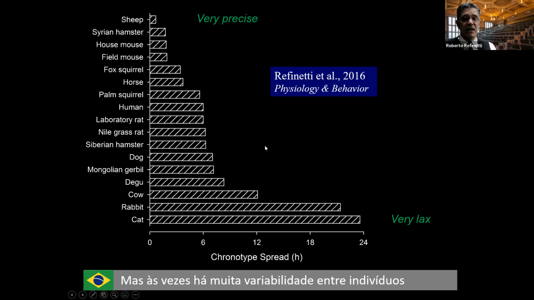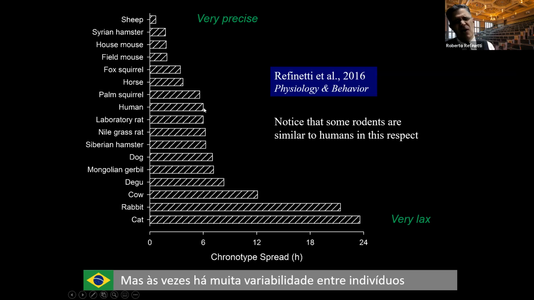Now, interesting in here is that some rodents are very similar to humans. So here's the human. Human is about 6 hours. Almost 95% of people wake up somewhere between 6 o'clock and noon.